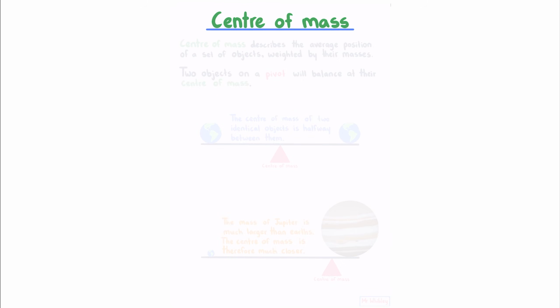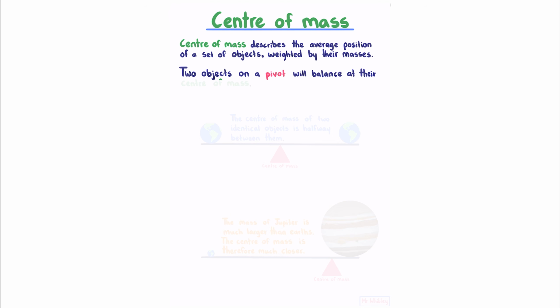Center of mass. Center of mass describes the average position of a set of objects, weighted by their masses. Now, this might not make a lot of sense initially, so what I'll now try to do is break that down in a more intuitive way. In a more practical sense, two objects on a pivot will balance at their center of mass.